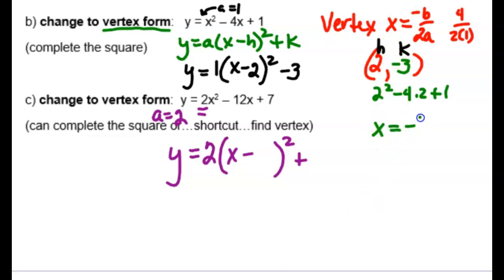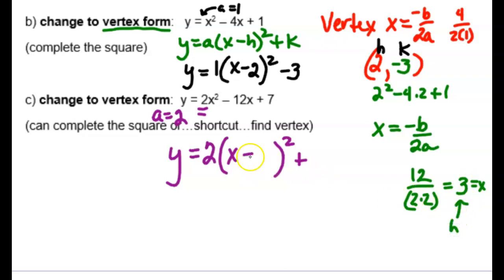Yeah, x equals negative b over 2a. B is negative 12, so the opposite of negative 12 would be 12 over 2a, 2 times 2. So 12 divided by 4 is 3. So x equals 3 is the axis of symmetry, so this is the h value.